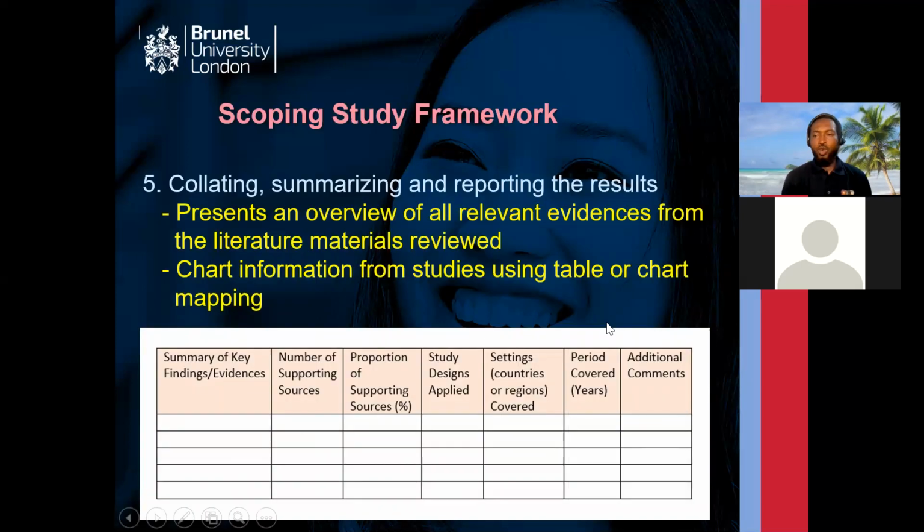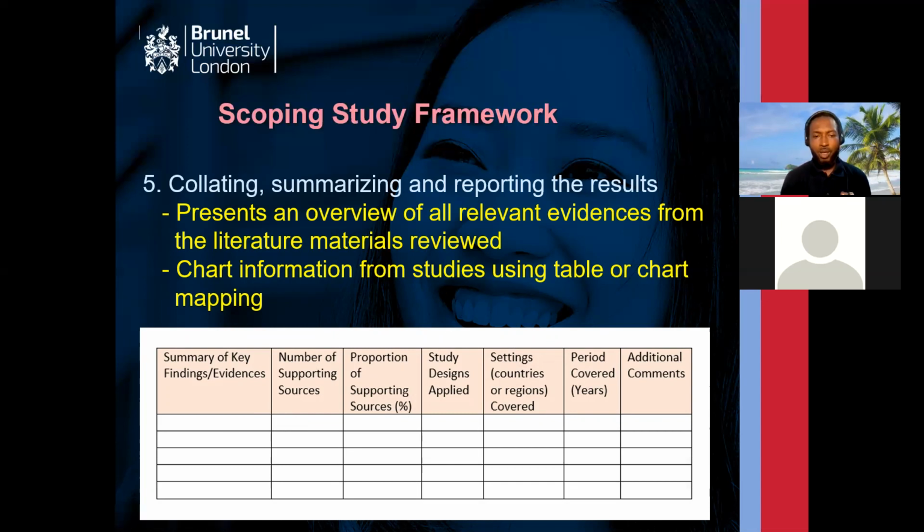So what you're doing here is just a summary. You're not pulling all the articles into your work again. You're just giving a summary. Here you say, this is a summary of the findings, the evidence you have, and the next column says number of supporting sources.